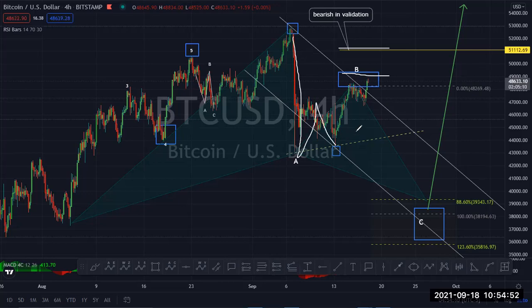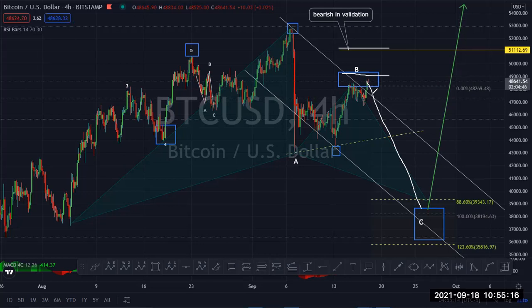But such a move is rare. So we always get the standard move. So I'm expecting Bitcoin to drop to this level. And if it happens like that, maybe this harmonic pattern will come in play. Then after that, the price will go higher.